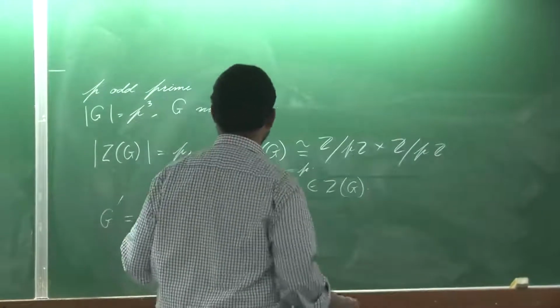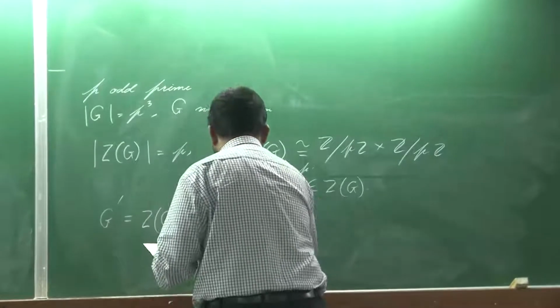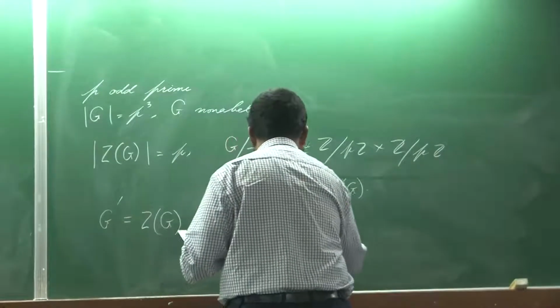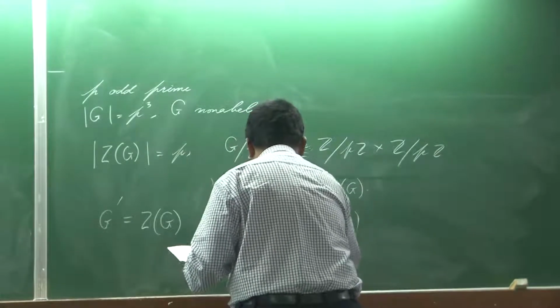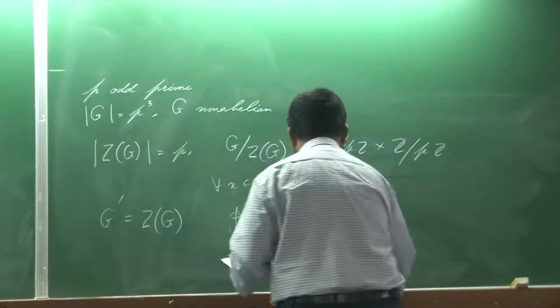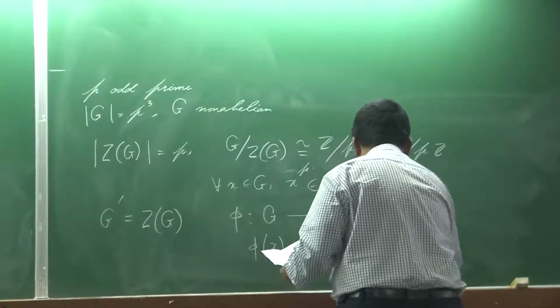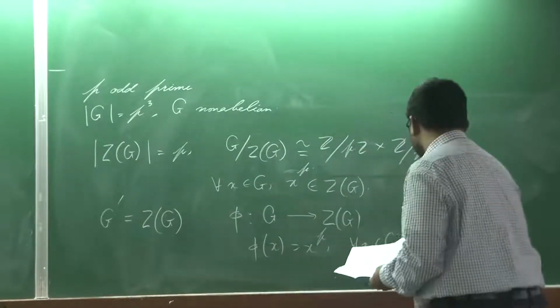So from this we are now going to show that the following map phi from G to ZG, defined as phi of x is x to the power P for every x in G, is a homomorphism.